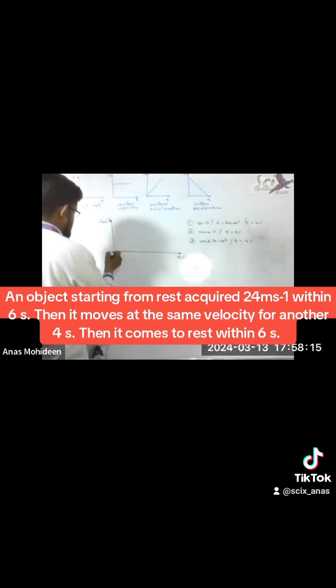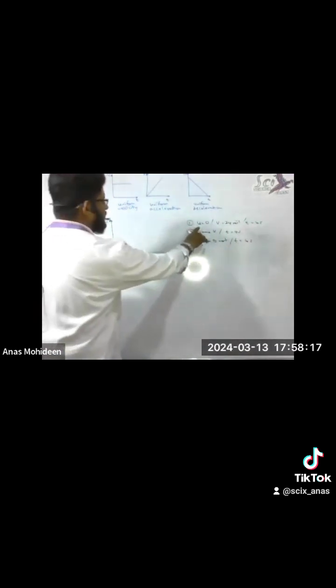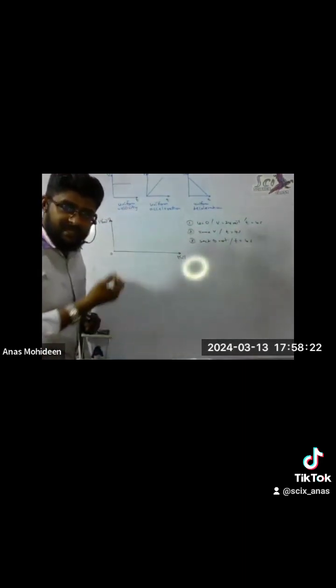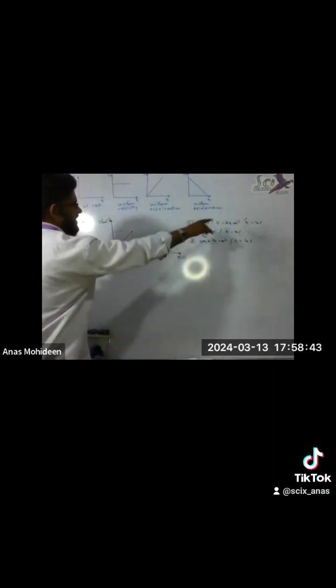So how do we mark it now? According to the second method, this is 0. The starting velocity is 0, ending at 24, and it is acceleration, so very clearly the velocity is increasing. So I'm drawing the acceleration graph first, from 0 to 6 seconds, and this should definitely be the velocity it has obtained, which is 24.